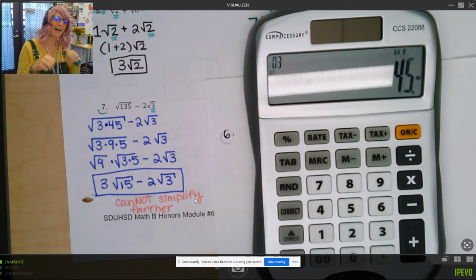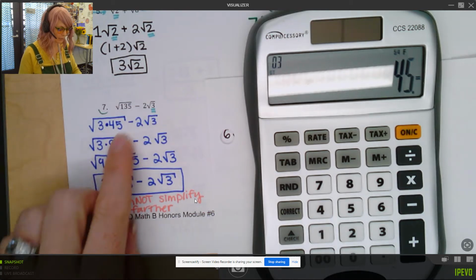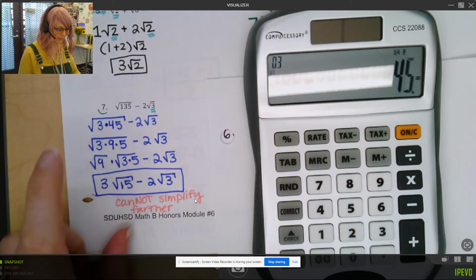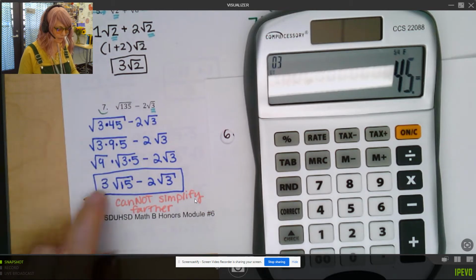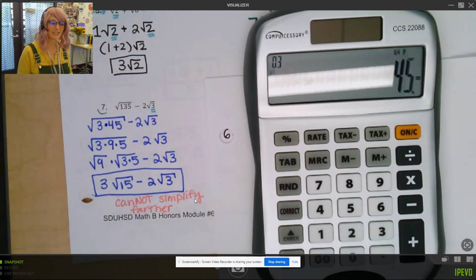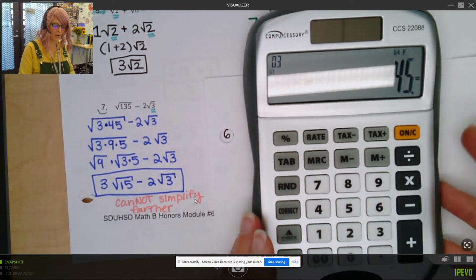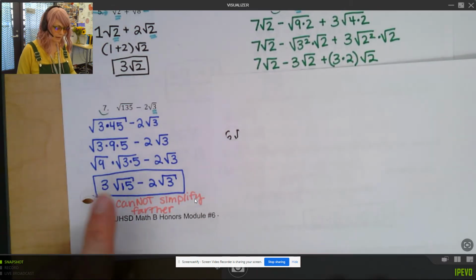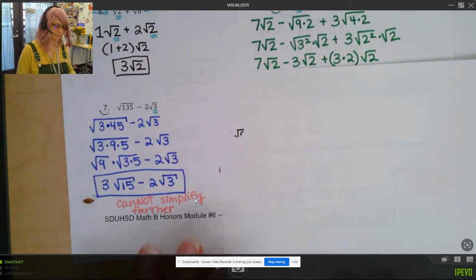So I tried 3 and it was 45, and 45 I know is 9 and 5. So I pull out the 9, square root of 9 is 3. So I have 3 square root 15 minus 2 square root 3. And you just can't do anything from there. That's as far as you can go. Final answer in simplest form, kaput.